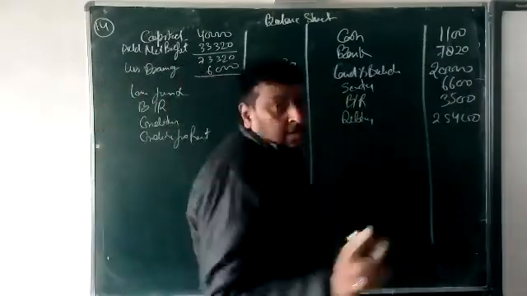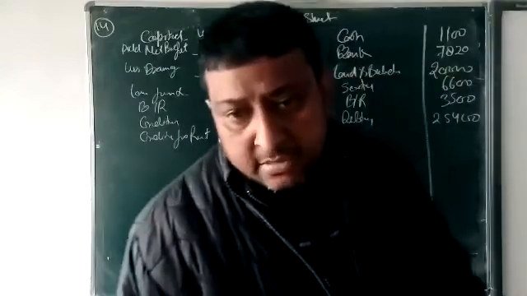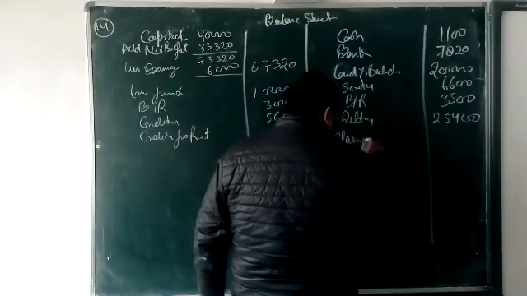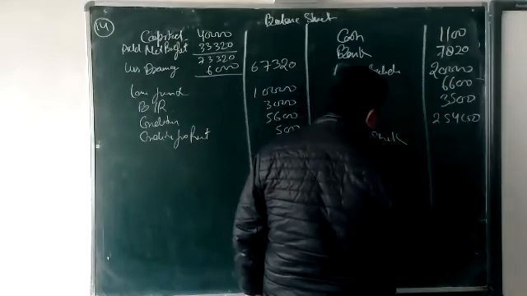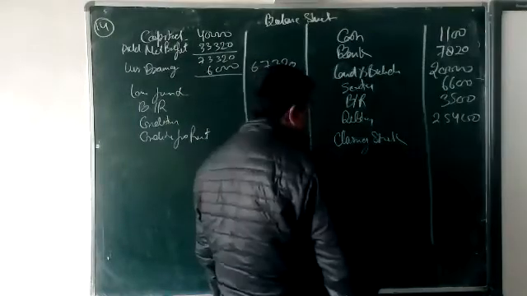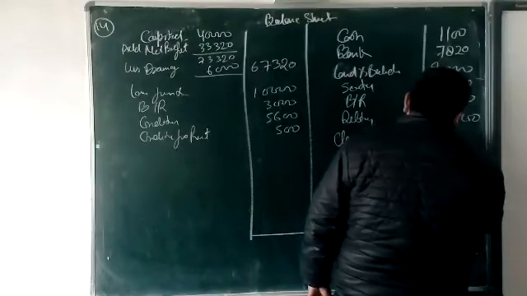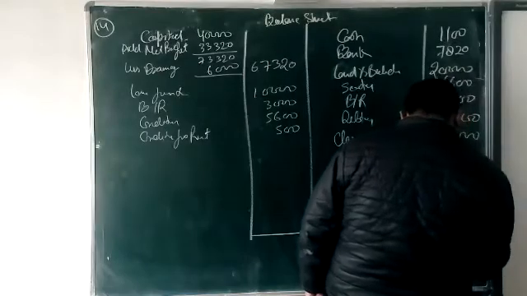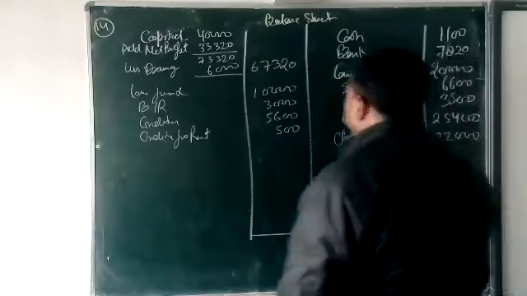Then last, not given in the trial balance but given outside, is the closing stock. Amount of closing stock? Sir, 22,000. Now we are going to put the total on both sides.